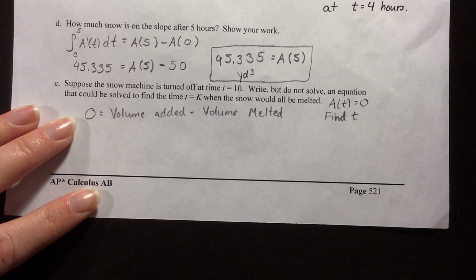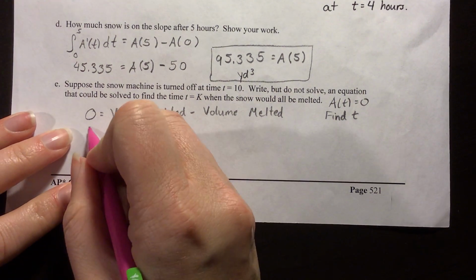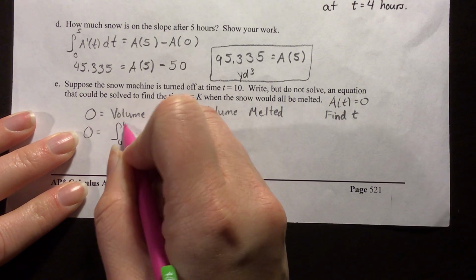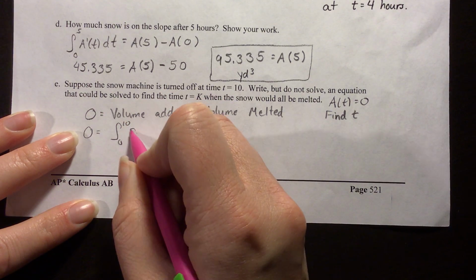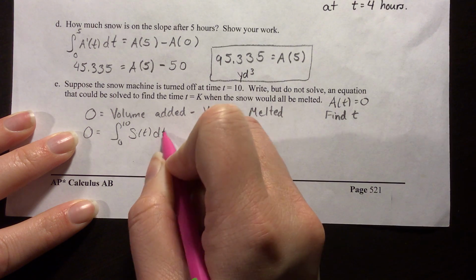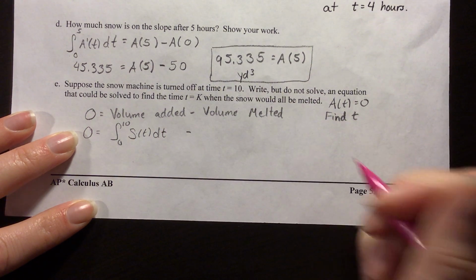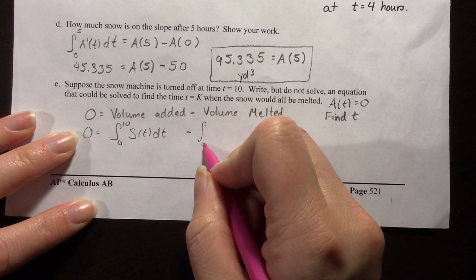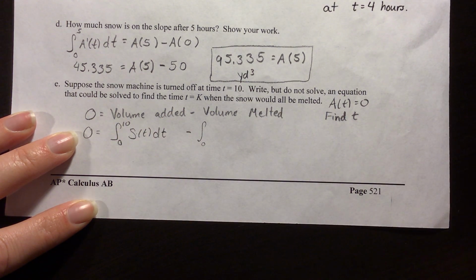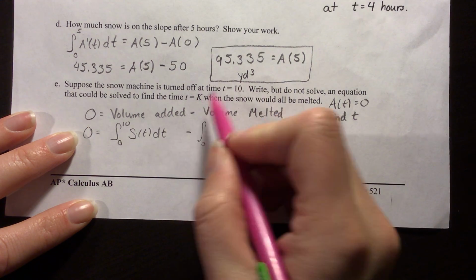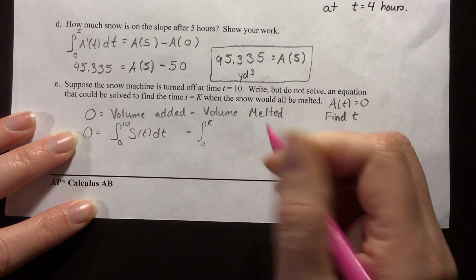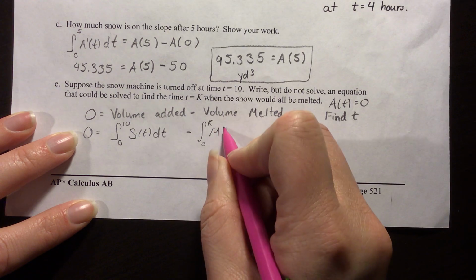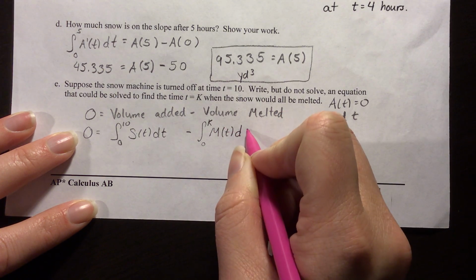That makes sense? Okay, the volume added is going to be the integral from 0 to 10 of s of t dt minus the volume melted from 0 to k. It tells us k is when we stop, so we do not know that. And then this is m of t dt.